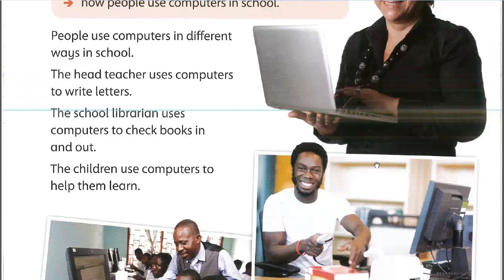So the librarian in school also uses a computer to store his data. What is the data? The date of issue, meaning check out and check in of the books.